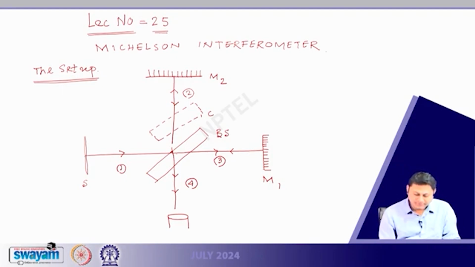From this figure we can see that somebody who is sitting here and looking at the interference of these two lights can see the two lights coming from M1 and M2.